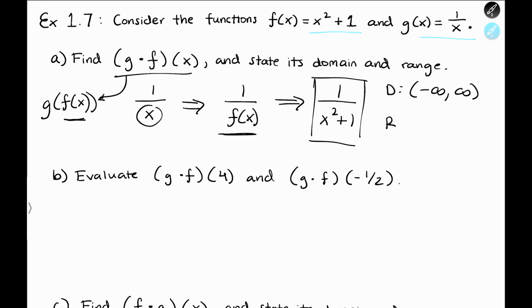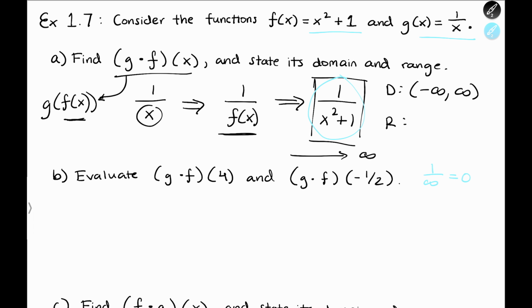And for the range, so here, let's take a look at this. We see that there's an x squared in this denominator, and if we go infinitely big, to infinity, then this over here will basically be 1 over infinity, which is equal to 0.